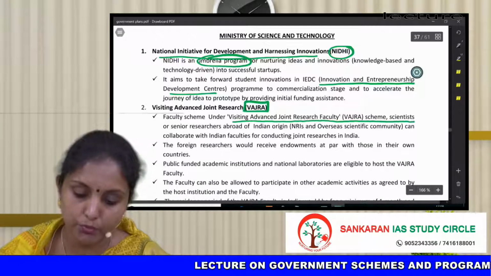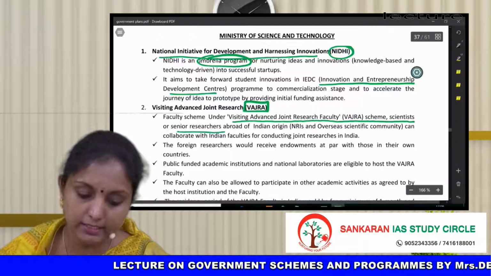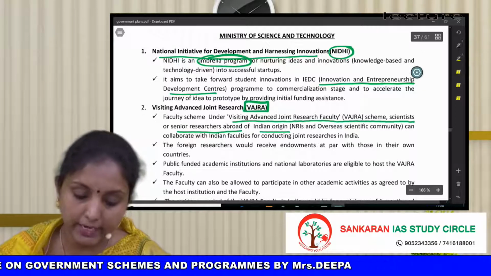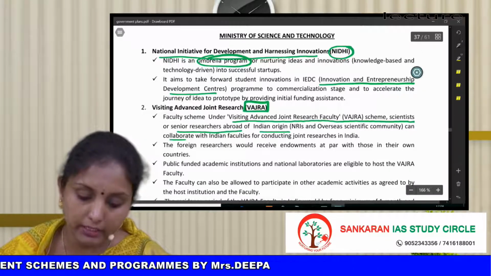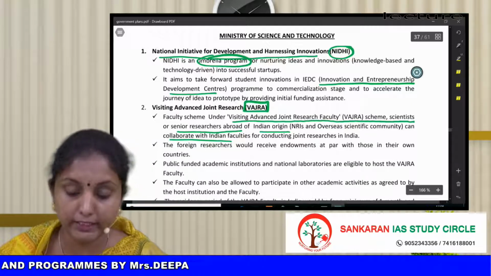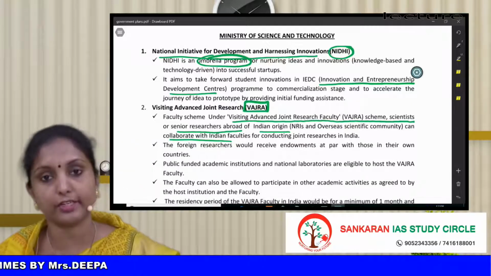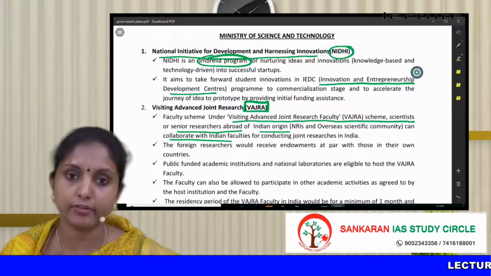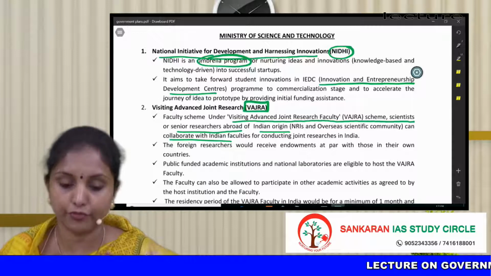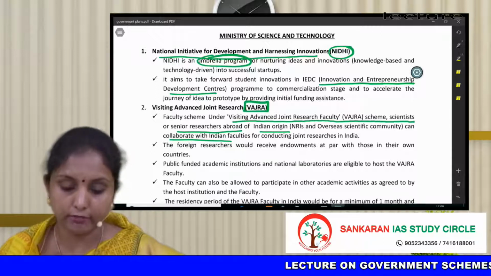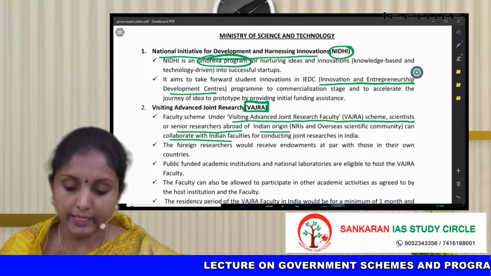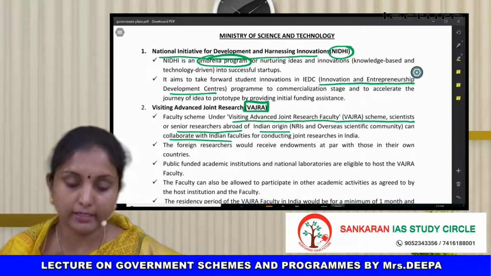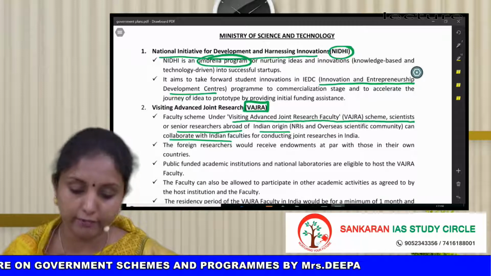Scientists or senior researchers abroad of Indian origin can collaborate with Indian faculties for conducting joint research in India. People or scientists who have settled outside the country and want to serve the nation can do research work, joining hands with the Indian faculties.